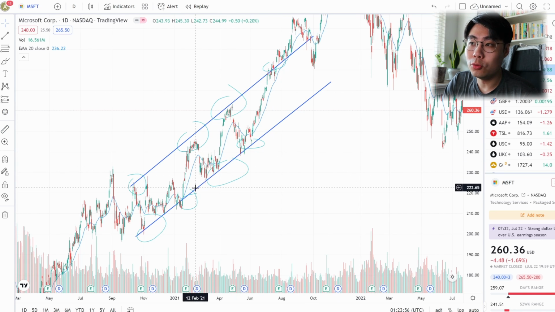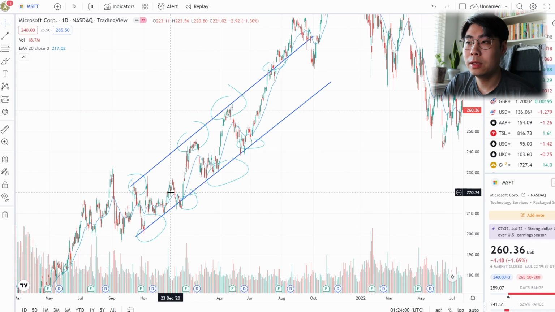So what you want to do as a trader is that if you're looking to purchase a stock and you see a trend, you probably want to purchase a stock when it is nearing the lower trend line. Versus if you want to sell a stock, then you probably want to sell it at the upper trend line, right? So this is quite important. Understanding the trend and knowing what the channel looks like.